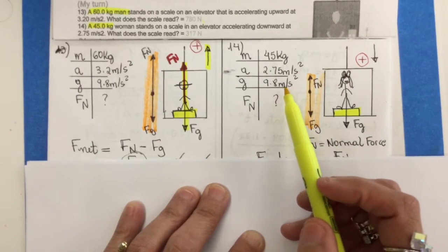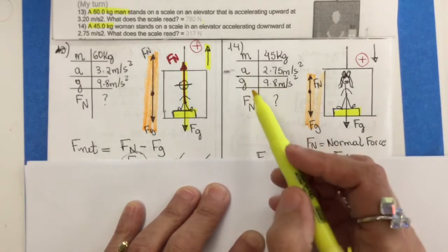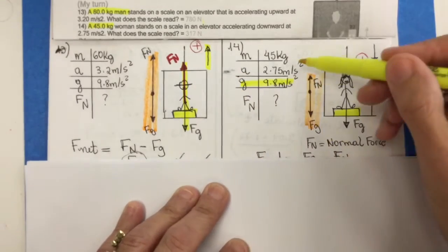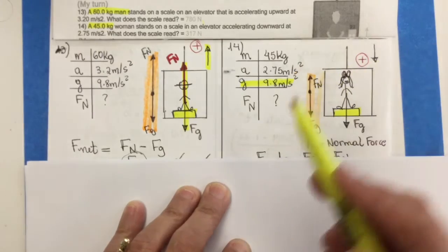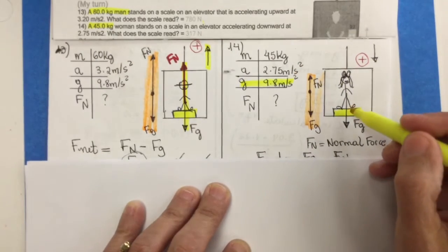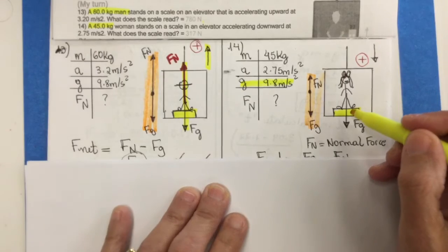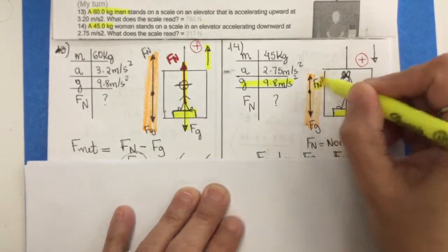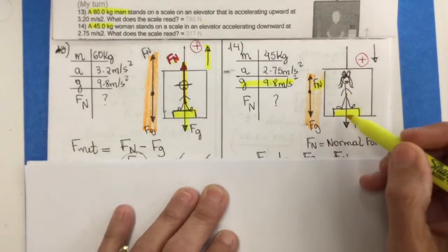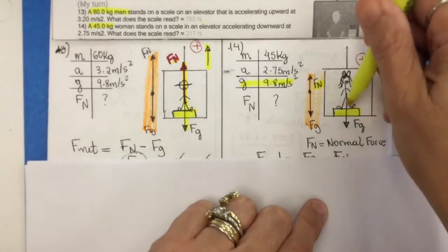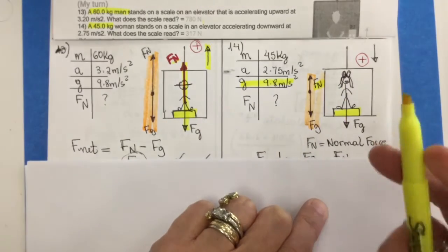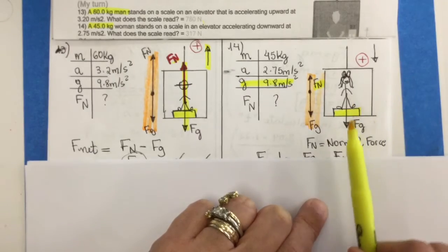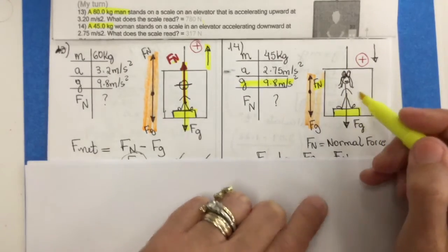We have the acceleration of gravity, which never changes. This is a controlled acceleration, and we are looking for the reading on the scale. Now, the scale is actually reading Fn. Why is that? Because you are pressing down on the scale, and the scale has a system of springs and is pressing up as a normal force.